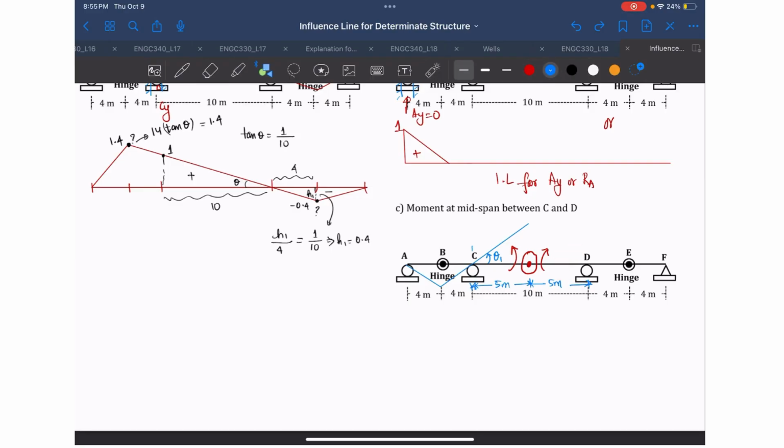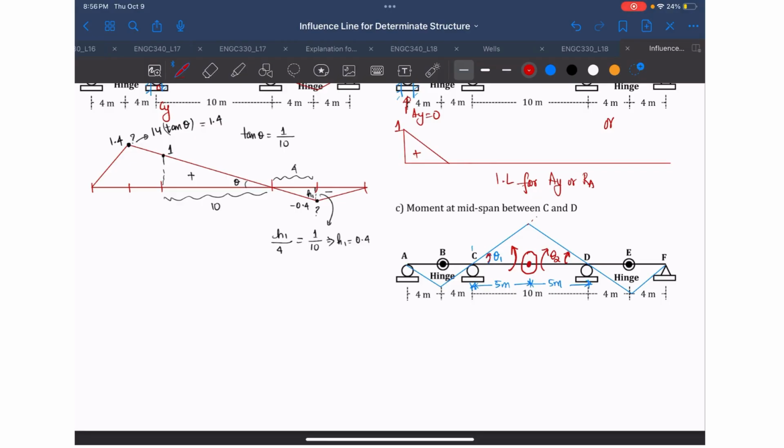So if we have to rotate clockwise, then it'll have to go this way. That's how it will rotate, and this will rotate by theta 2. So you'll see that this beam rotated counterclockwise, and this beam section will rotate clockwise.